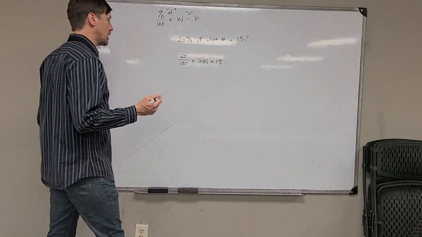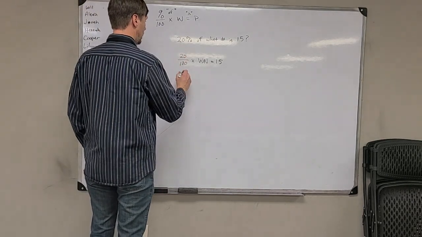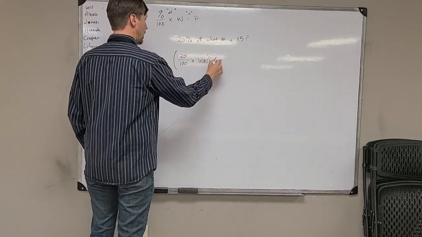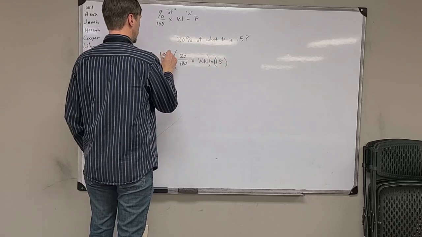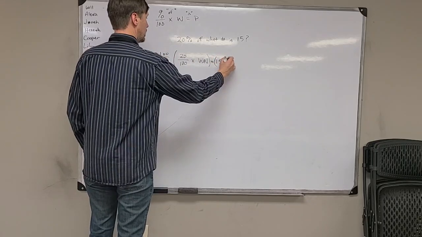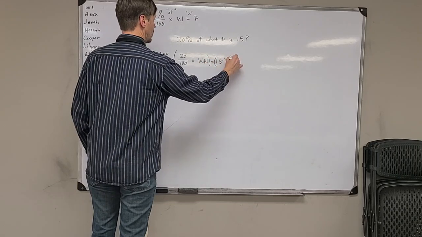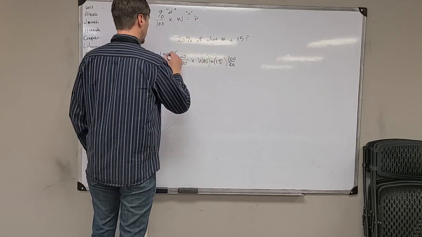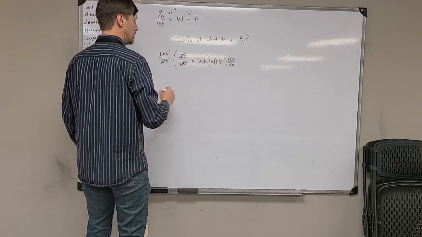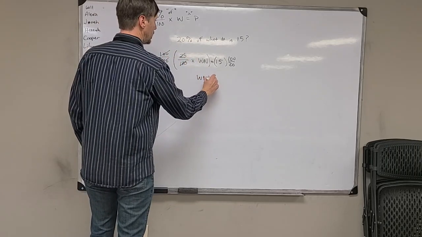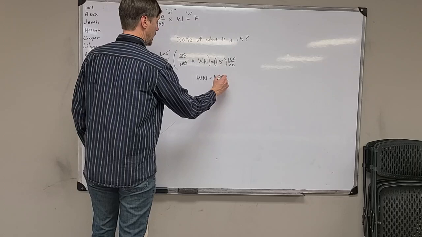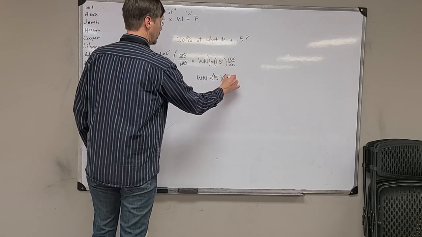And so we're going to do just like we did last time. I need to multiply both sides by the reciprocal of my fraction so that I can get rid of the fraction on this side to determine this variable right here. So multiply both sides by 100 over 20. That makes this stuff cancel out. So WN equals 15 times 100 over 20.